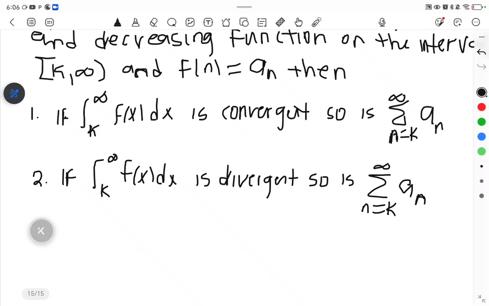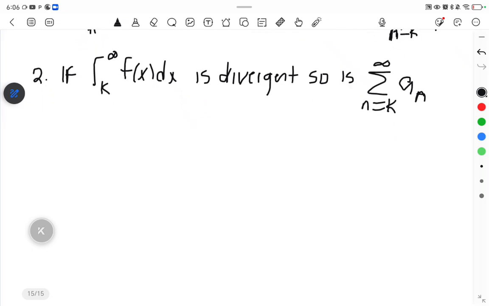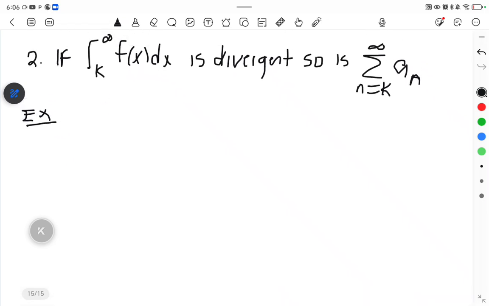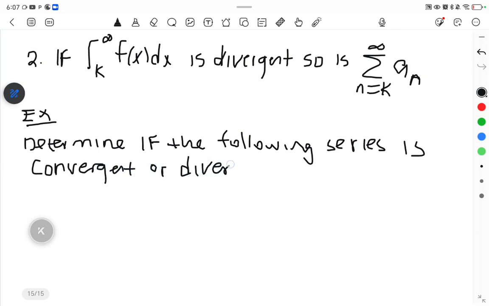Now we come to this. Let's say I'm given this question. They say I should determine if the following series is convergent or divergent.